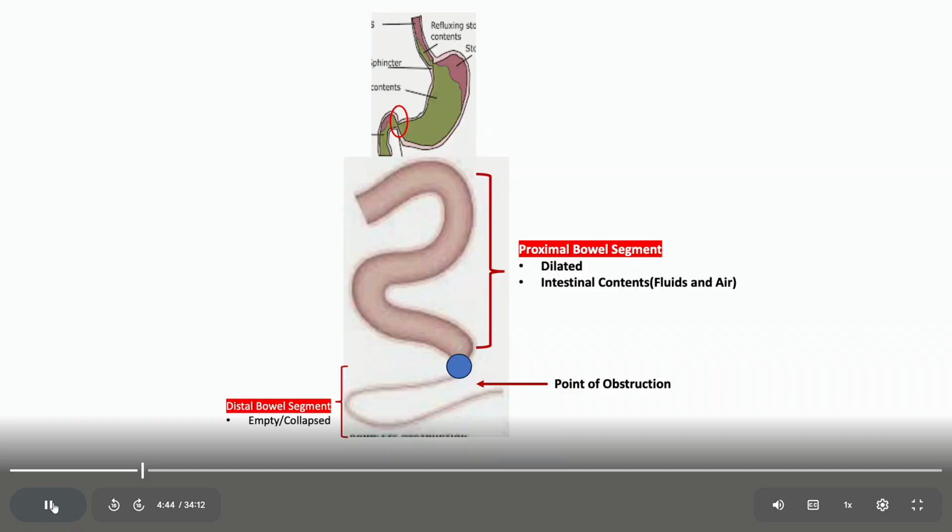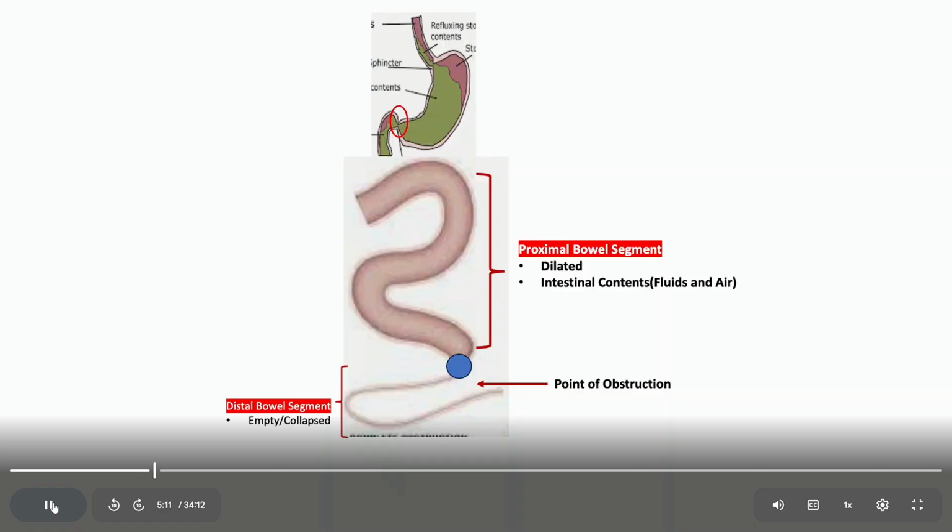To illustrate what happens to the bowel in intestinal obstruction, the proximal bowel segment, which is the portion of the intestine above or proximal to the point of obstruction, is characterized as dilated due to the accumulation of intestinal fluids and swallowed air that cannot pass beyond the point of obstruction.